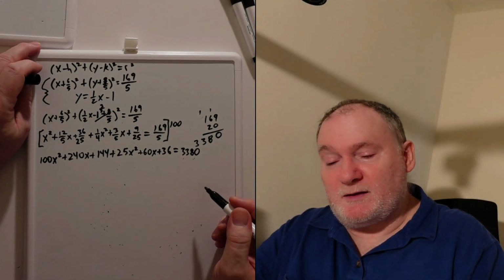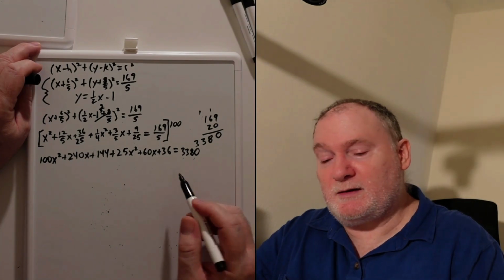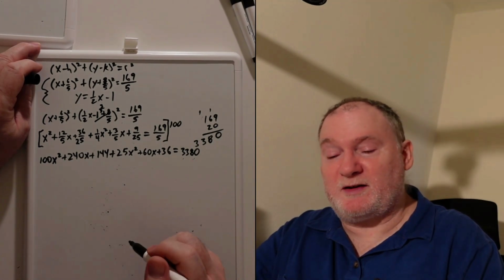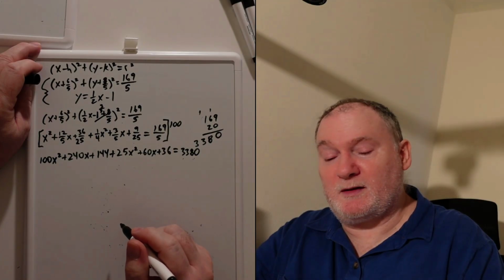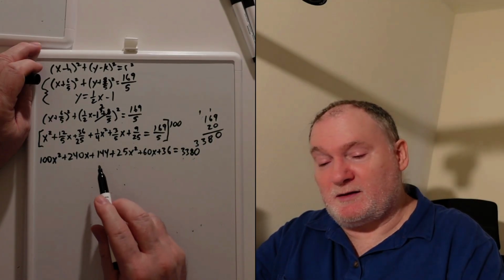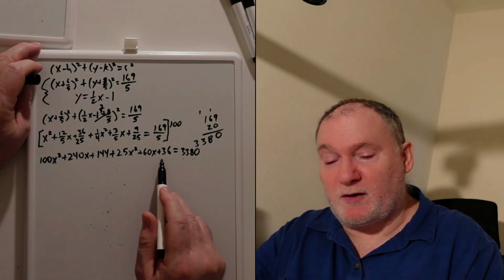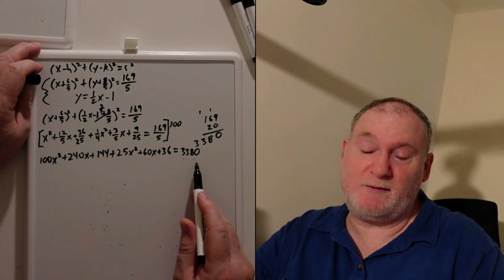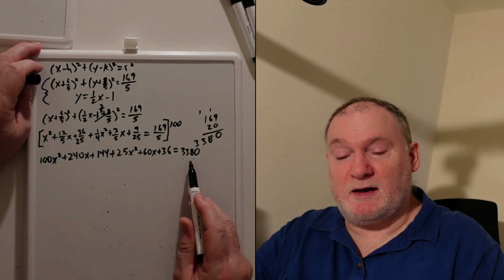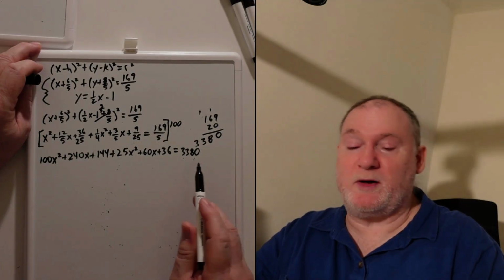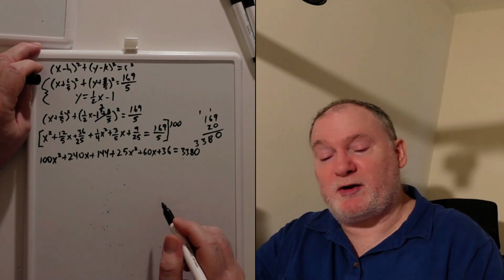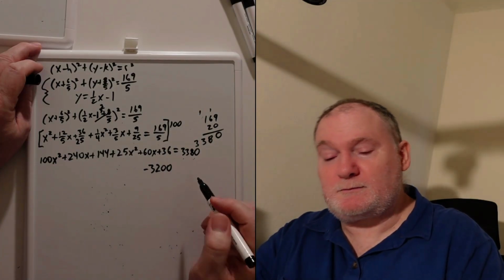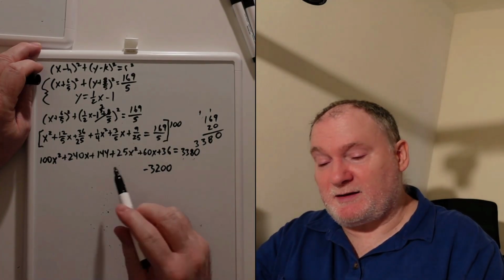All right, so then this is quadratic, so we need everything on one side. So 3380 minus this 180, 144 and 36 is 180. So if I bring that over to this side for ease of subtraction, that's going to be 3200. And then when I bring it back to this side, it'll be minus 3200. So that takes care of the constants.